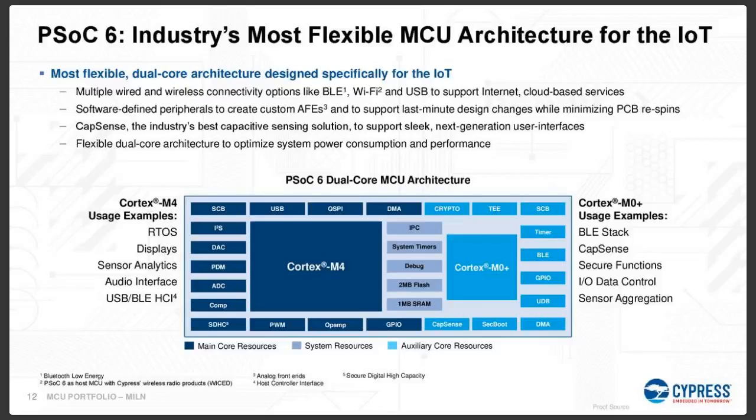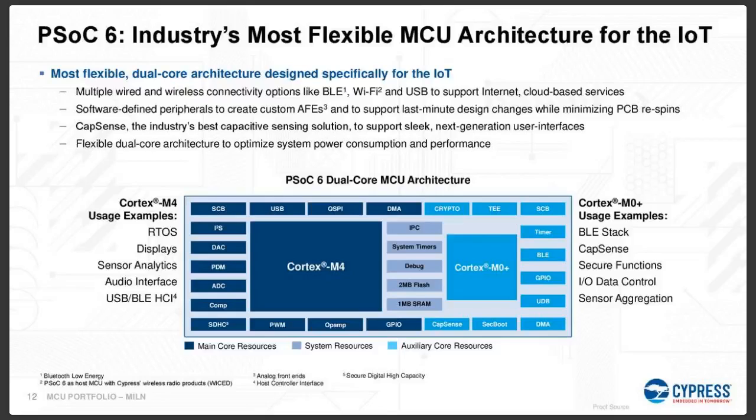There is an inter-processor communications channel that allows passing data between the two processors, both the M4 and the M0+. When you're doing a design within the tool, which is called PSoC Creator, you have a choice of how the two processors interact with each other. You can also select which processor sees which interrupt from which peripheral.